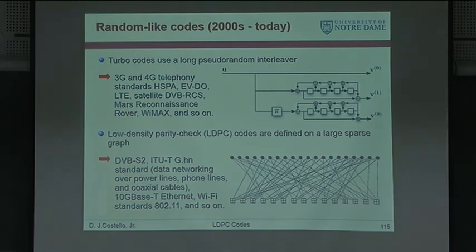And the distance properties are essentially the same. So the spatially coupled codes are one way of trying to get good thresholds and good distance, as are these repeat accumulate type codes.